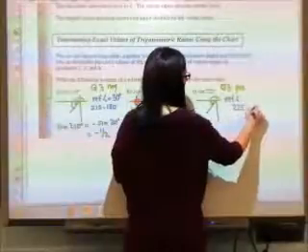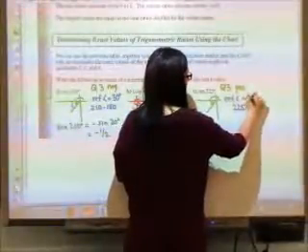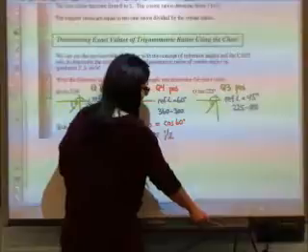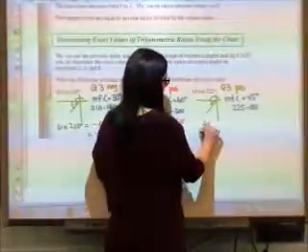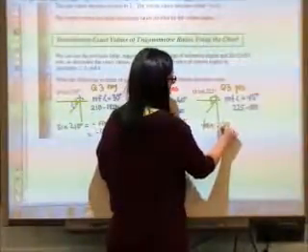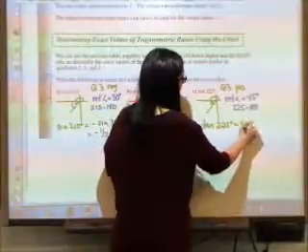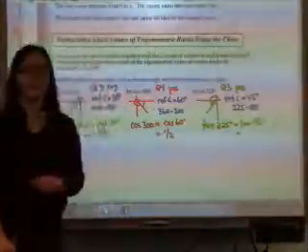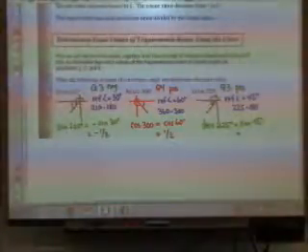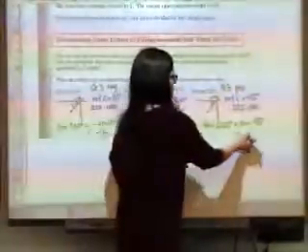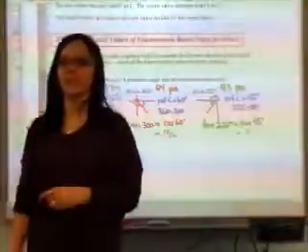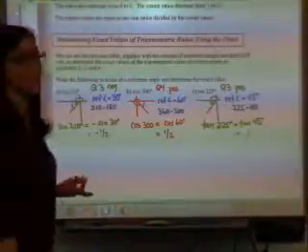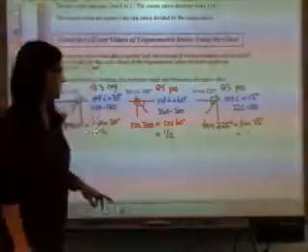And what do I get? 45. So what I can state is that the tan of a 225 degree angle is the same as the tan of a 45 degree angle. What's the tan of a 45 degree angle? 1. And again, if I grabbed my calculator and typed in tan 225, it would give me 1 for an answer.